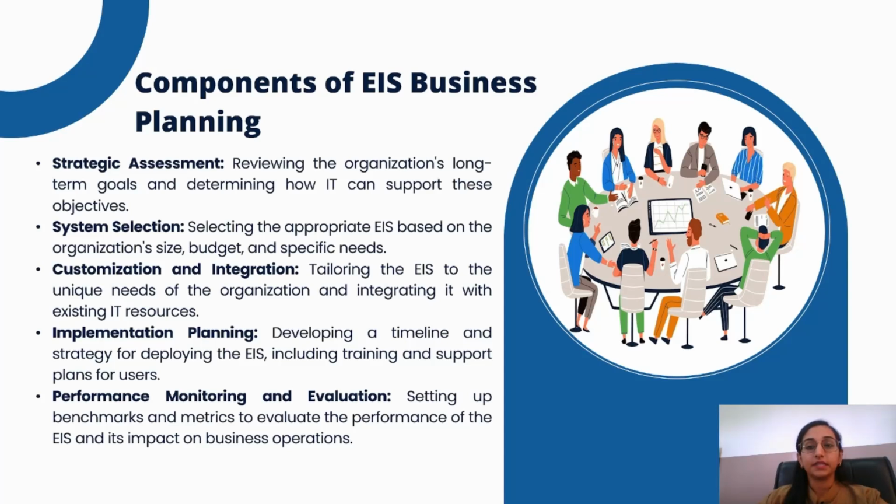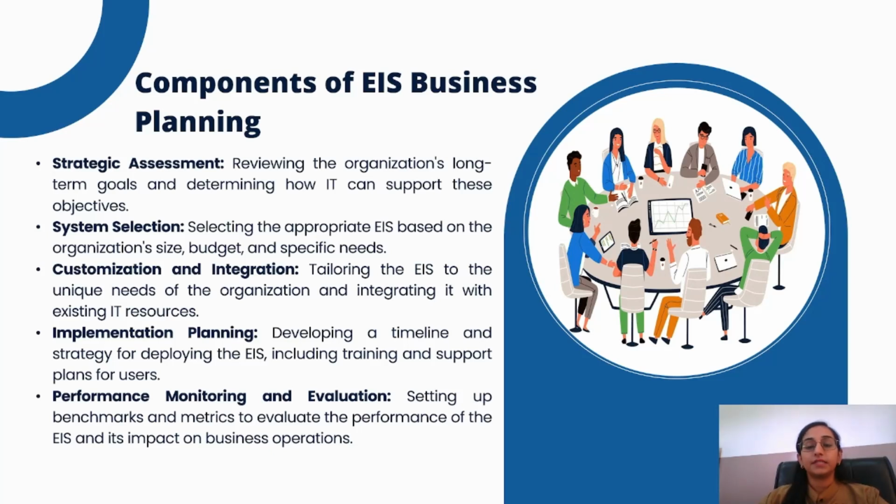Key processes in performance monitoring and evaluation consist of setting performance metrics. So define clear and measurable performance indicators that align with the business objectives the EIS is supposed to support.